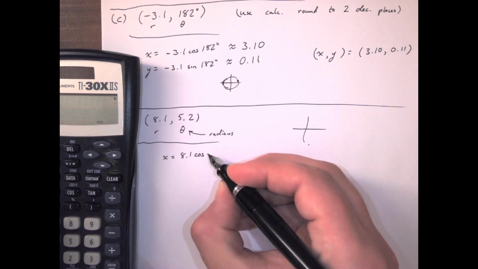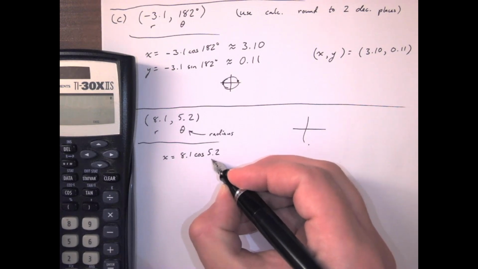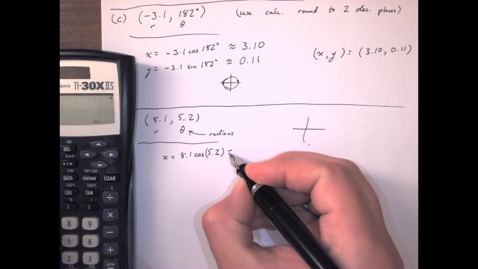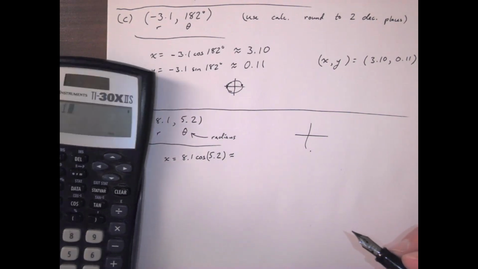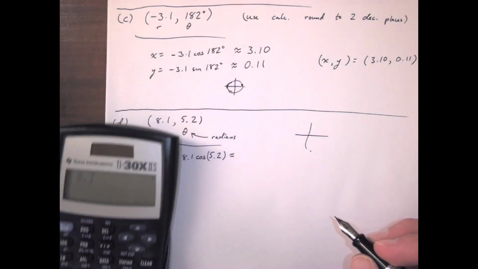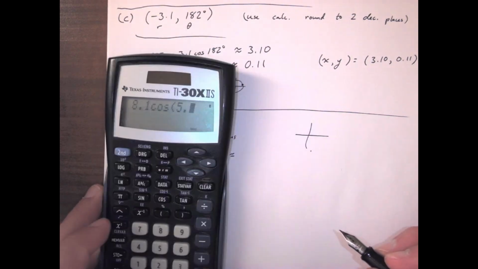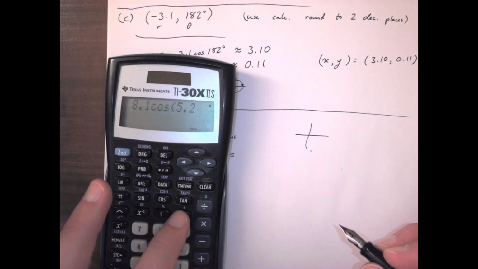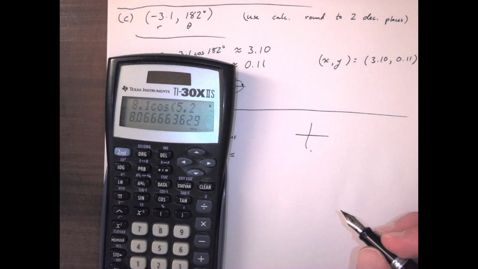And the problem is you have to keep yourself alert to the fact that you might have to change the mode. So here, if I'm not careful, I just type on autopilot 8.1 cosine 5.2. I calculate that away, and I get an x value of 8.06.